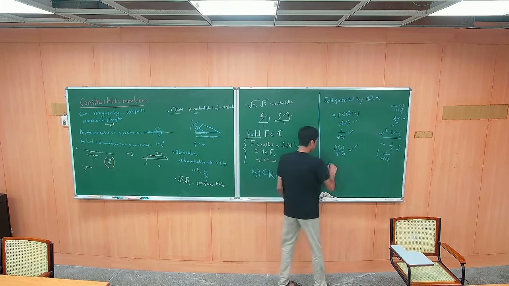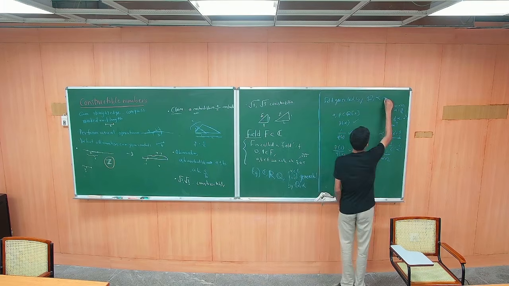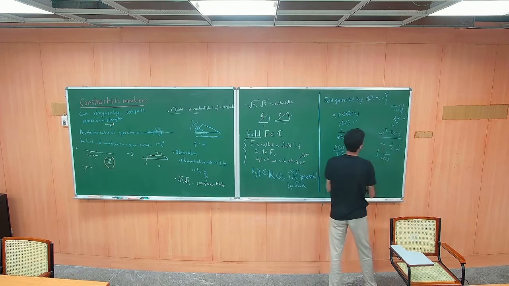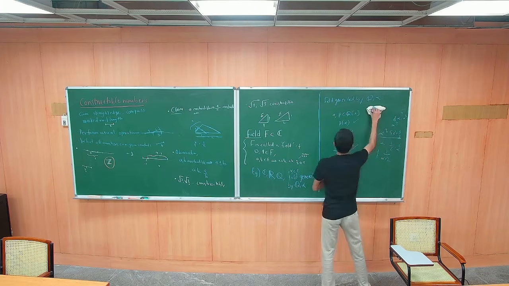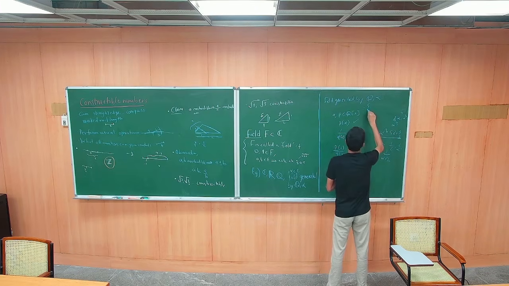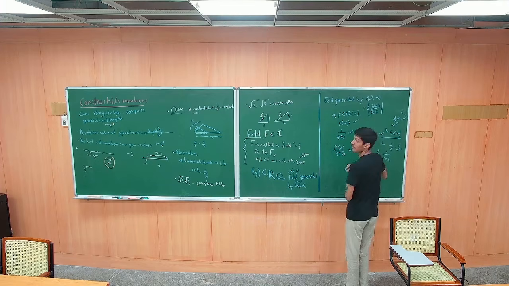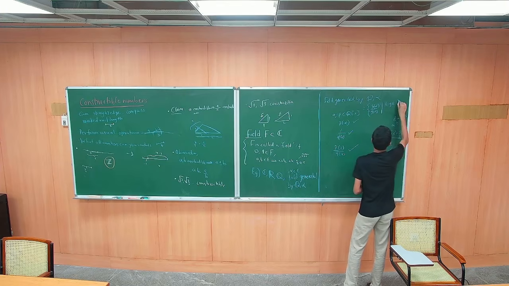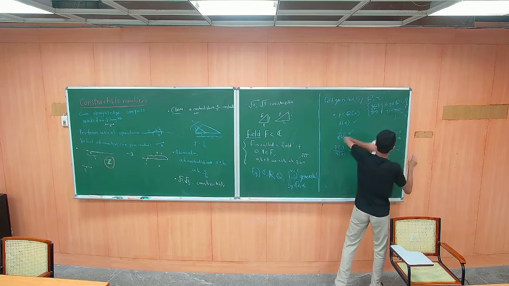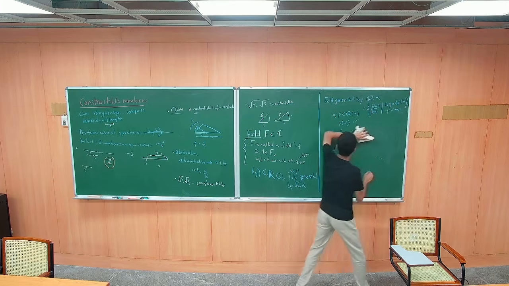I claim the field generated by this is the set of P of alpha by Q of alpha, provided Q of alpha is non-zero. You can check that this forms a field.